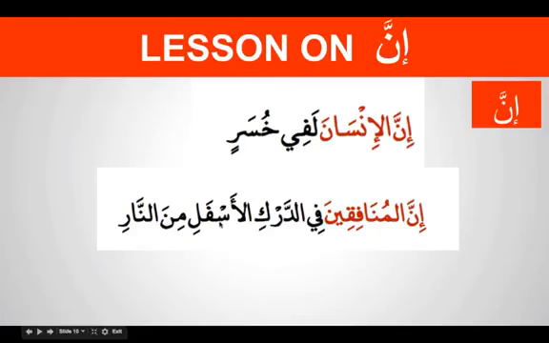Asfali is the lowest, darki is like a pit. So most definitely the munafiqeen will be in the lowest pit, minan nar, of the fire. So this is how inna makes a sentence a more powerful statement, with more emphasis, inshallah.